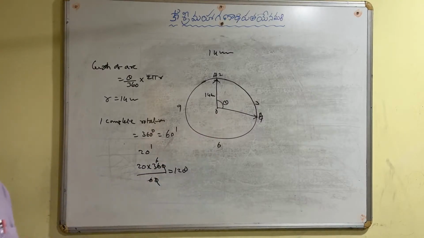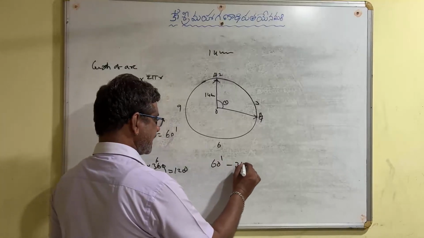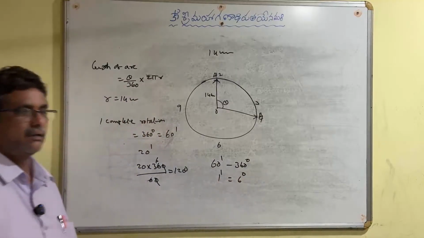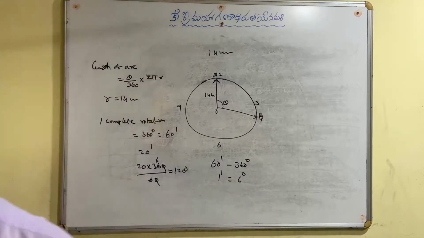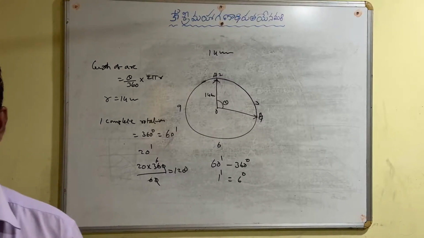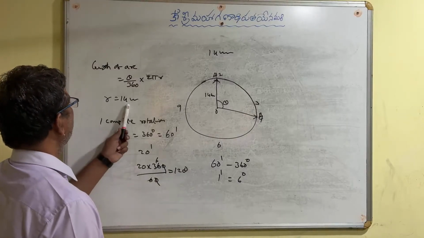So sector angle will be 120 degrees. లేదా 60 minutes, 360 degrees. 1 minute ki 6 degrees. అంతే కదా? So 20 minutes, 120 degrees. Okay na? Now we have sector angle, radius.